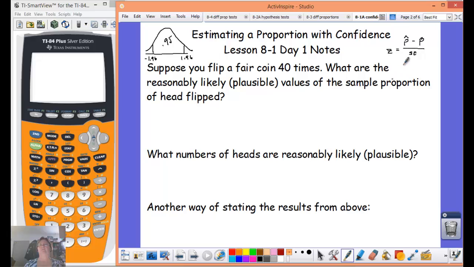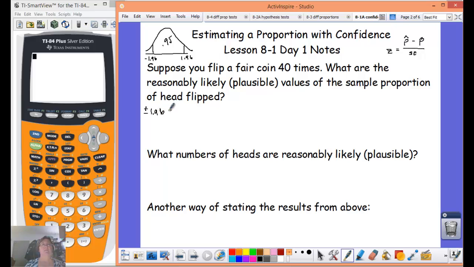Now, what we're asking for are the likely proportions, so we want to come up with p-hat here and see which p-hats are likely. I'm going to run this twice, but I want to solve my formula for p-hat knowing that I've got a positive and negative 1.96 to work with, hence I said we're going to run it twice.